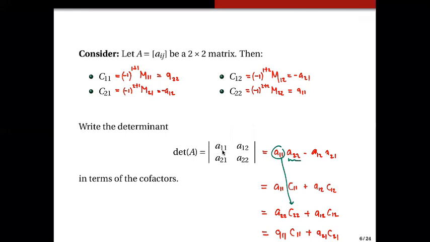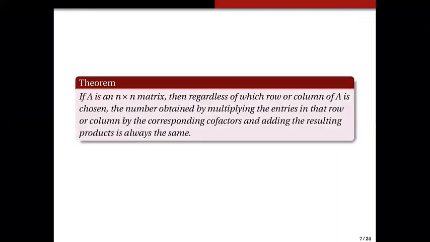The entry A11 is multiplied by the cofactor C11 plus the entry A12 is multiplied by the cofactor C12. Okay? But the theorem is saying that this number here is the same as this number here, it's the same as this number here. So the resulting product and sum is always the same.